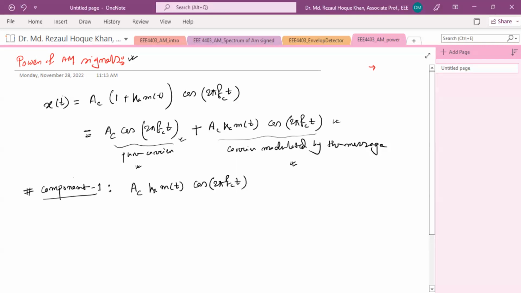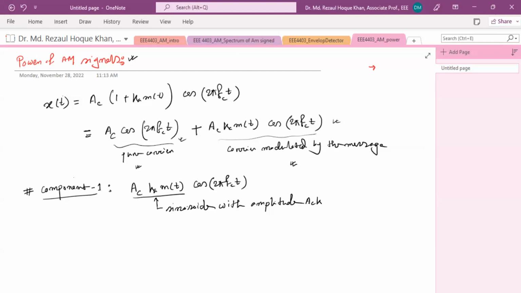This is our modulated carrier, which is a sinusoid with amplitude AC Ka m(t).